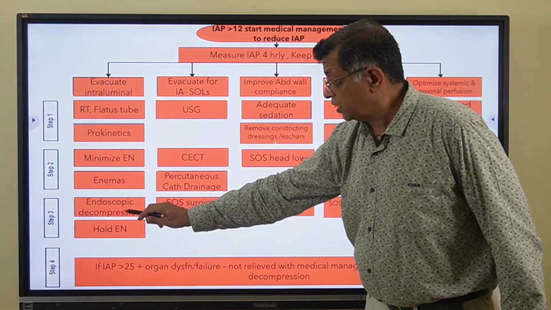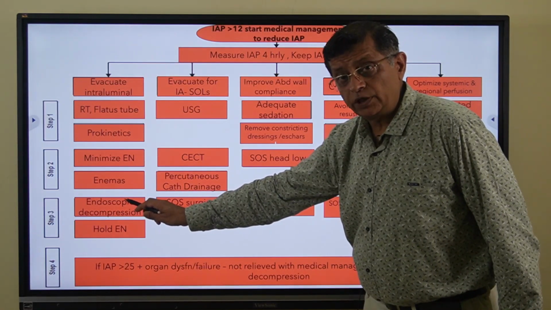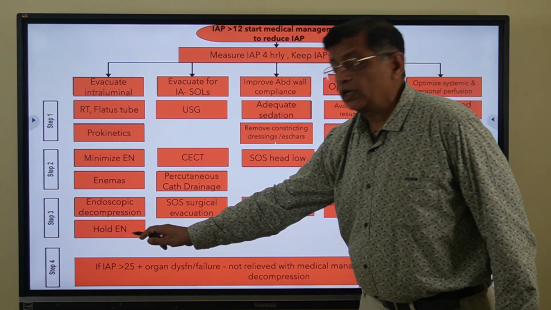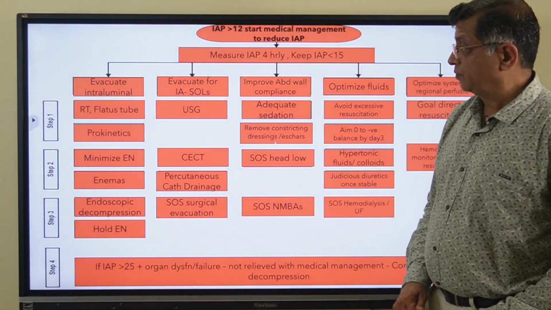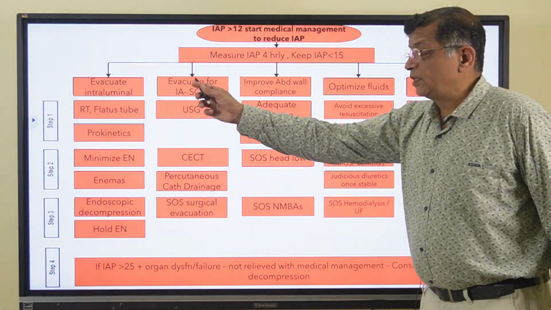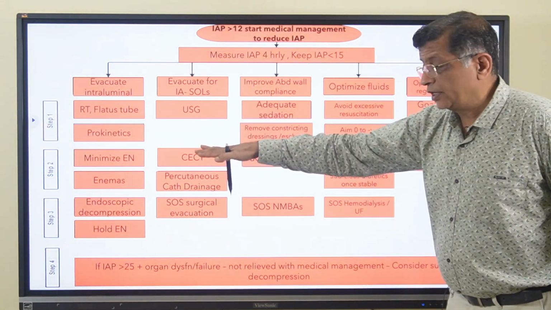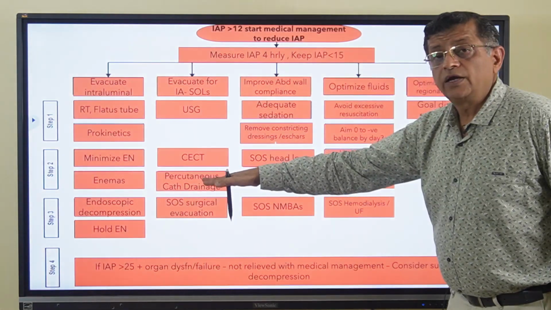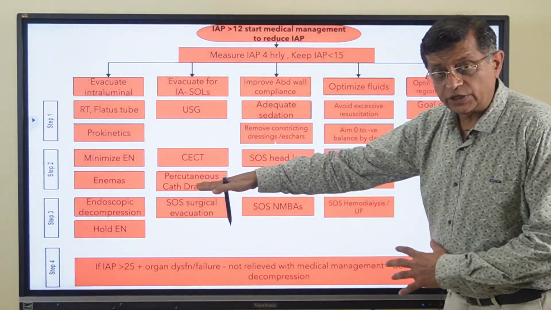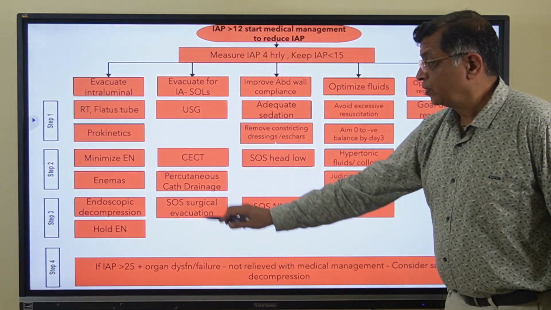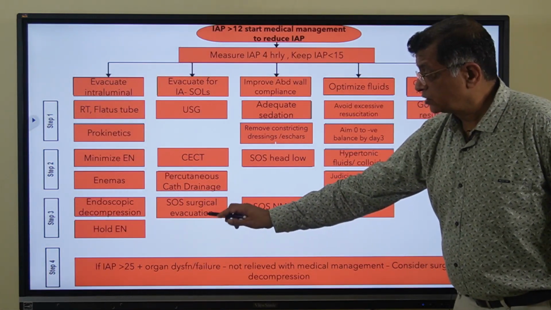SOS, you can give enemas, or you can do endoscopic decompression, or if the pressure worsens, you can hold enteral feedings altogether. If there is a space occupying lesion in the abdomen, get a USG, get a CT scan, and if there is a large cyst or large necrotic area, then you can do percutaneous catheter drainage, or the last resort is surgical evacuation.